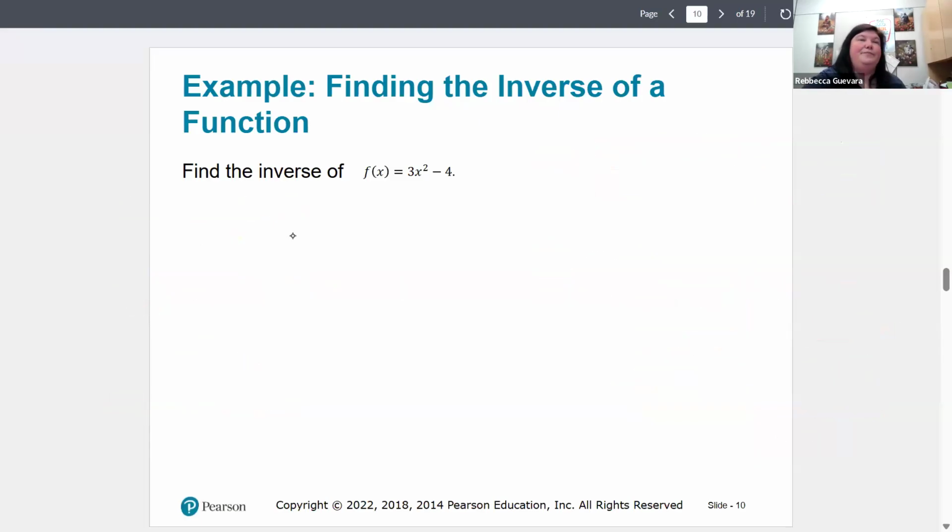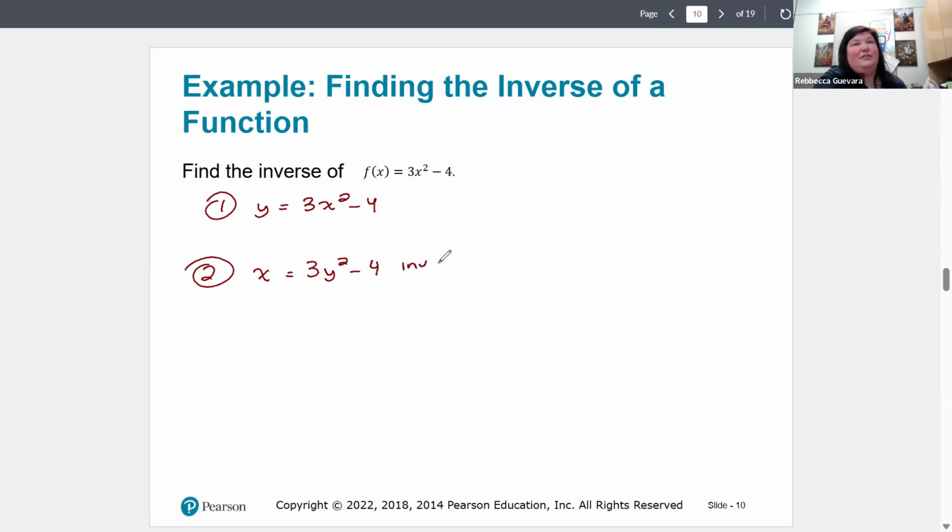For this one, the first step is we're just going to make it y equals 3x squared minus 4. Then we switch our x and our y, so then we have x is equal to 3y squared minus 4. You may remember that when we have a y squared, this is not a function.